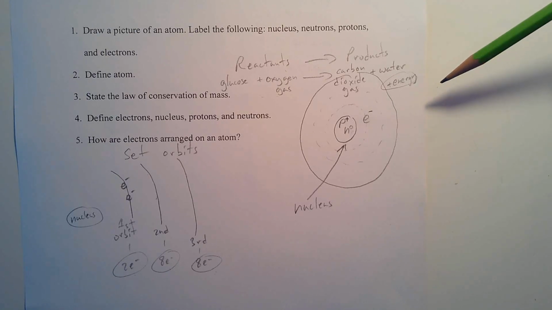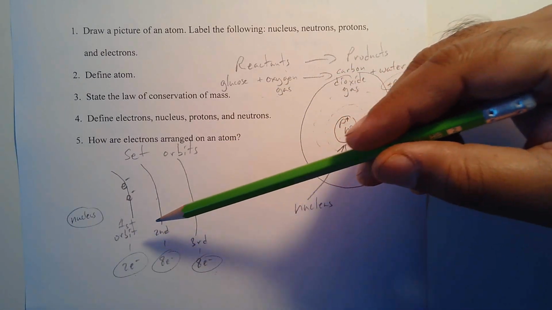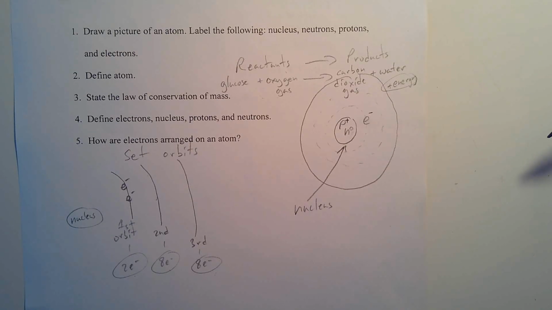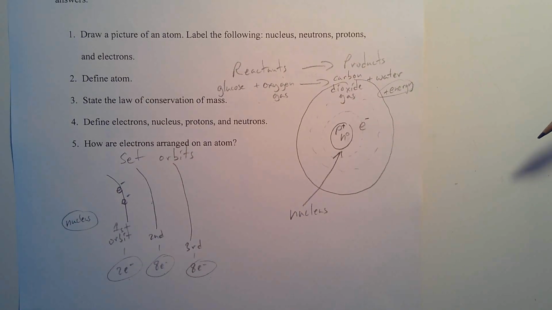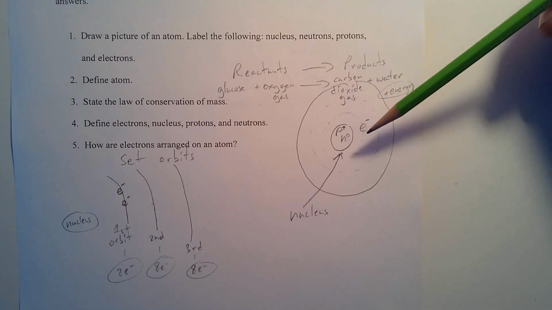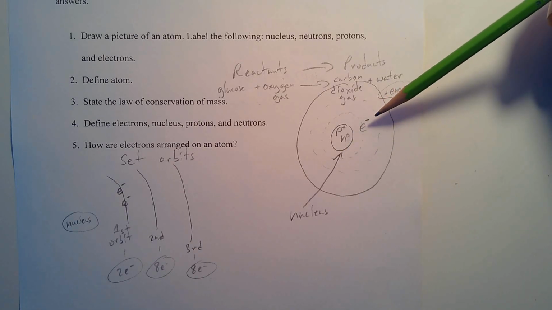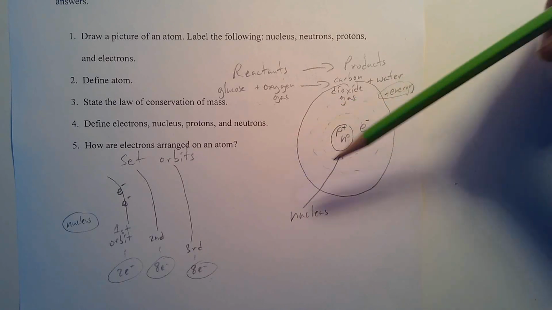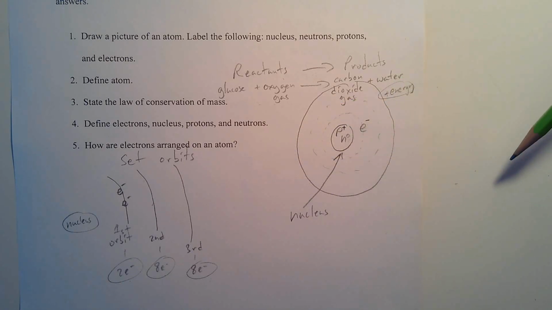You have your first level, and then keep going from there. I'd like you to know how an atom is arranged, inside the nucleus and outside the nucleus, recognize these definitions, and be able to talk about how electrons are arranged in set orbits around the nucleus. Again, think of how planets orbit the sun.